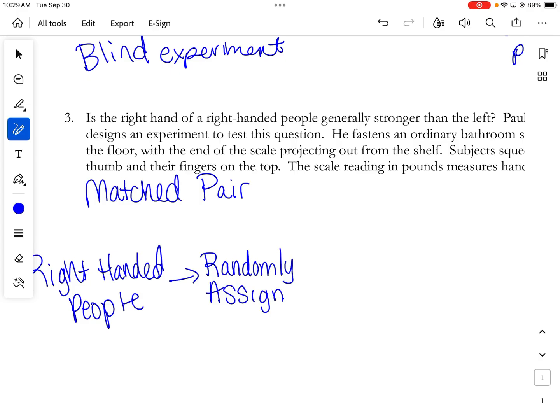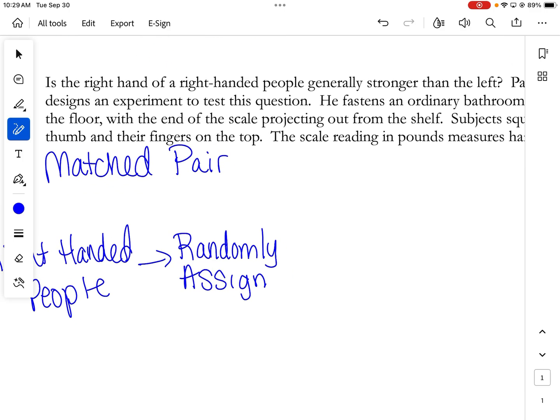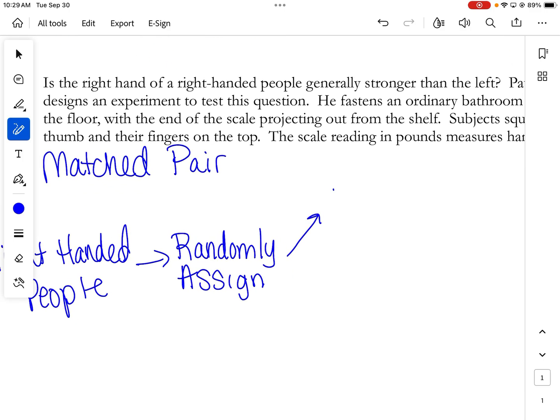The order in which you squeeze it could also affect the results. So a person who squeezes it with their right hand first and then their left, that could affect the results. So when we do matched pair, one group is going to do right then left, the other one's going to do left then right, so that we can see if there's any confounding variables with the order that you squeeze it. So we're going to randomly assign them to two groups.